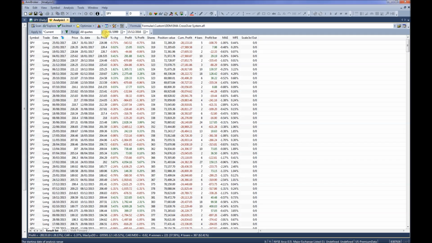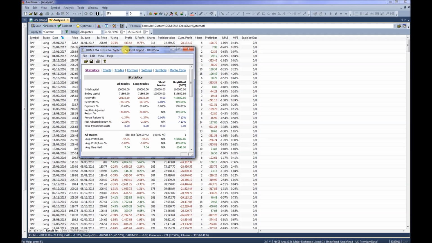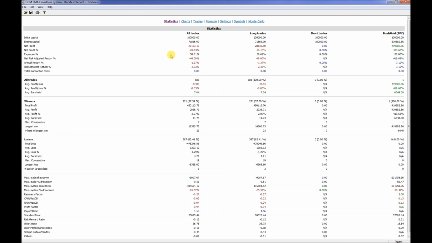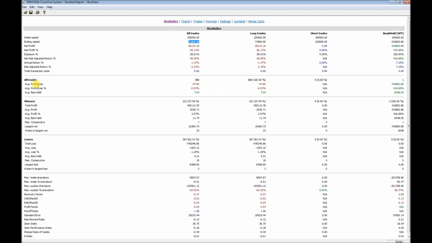And if I look at the statistical report that is generated, what it's telling me is that it started out with $100,000 and it ended out with almost $72,000. So you can see here the average trade profit loss is going to show a negative expectancy. What this does is it looks at an expectancy calculation based on profit of winners plus profit of losers.